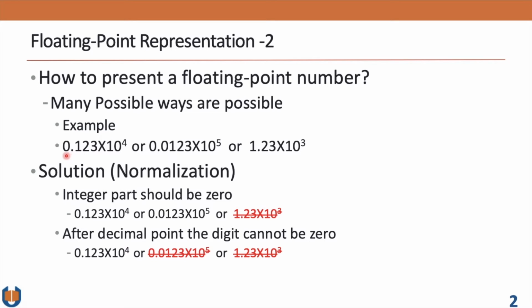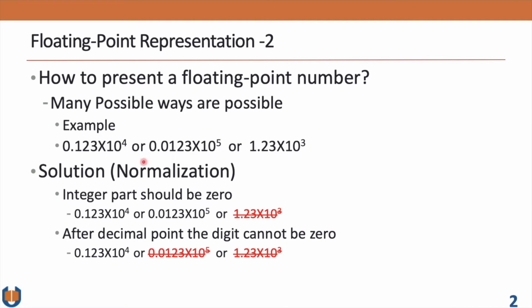Here is an example: 0.123 times 10 to the power 4, or 0.0123 times 10 to the power 5, or 1.23 times 10 to the power 3. These all have the same meaning based on the definition we discussed in the earlier slide.